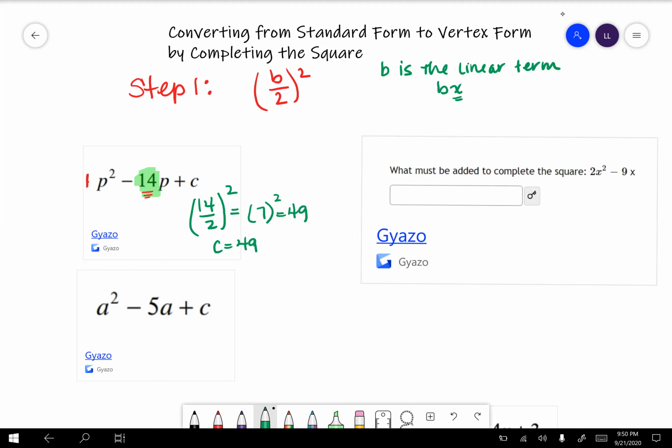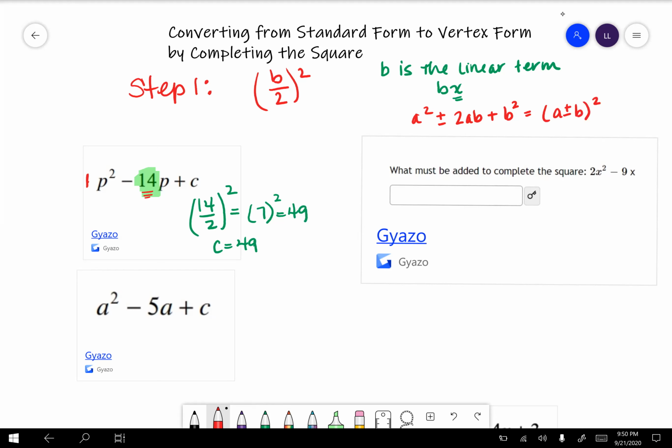Now, let me go even a step further to make sure you understand what we're actually doing. When you complete the square, you are creating what we call a perfect square trinomial. Perfect square trinomials can be written in the form of a squared plus 2ab plus b squared, or a squared minus 2ab plus b squared, and that factors into a plus or minus b quantity squared.